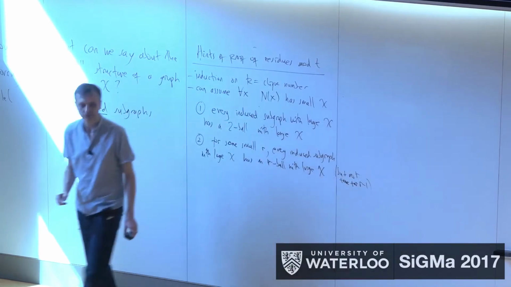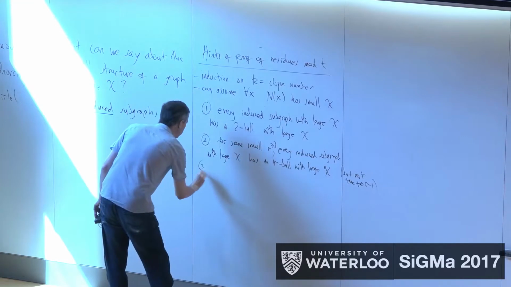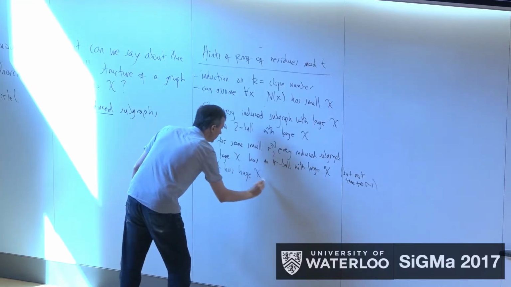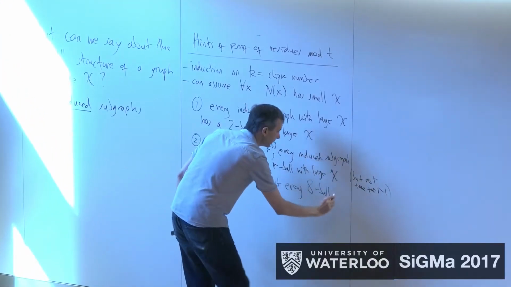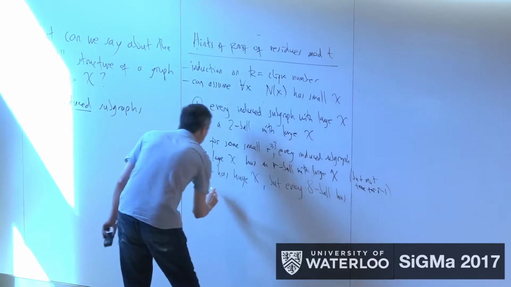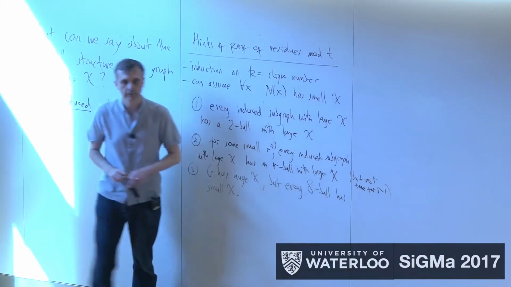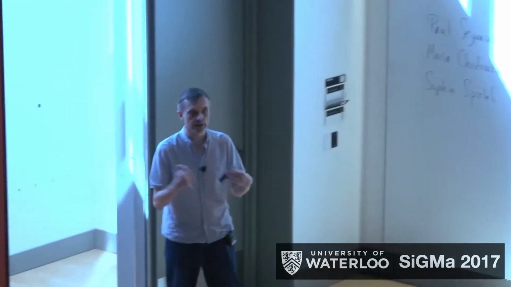Okay, so it is small r, at least 3. And the third one is going to be G has huge chi, but every 8 ball, so it's enough to go up to 8, has small chi. Okay, and I claim actually it's enough to handle these three regimes.